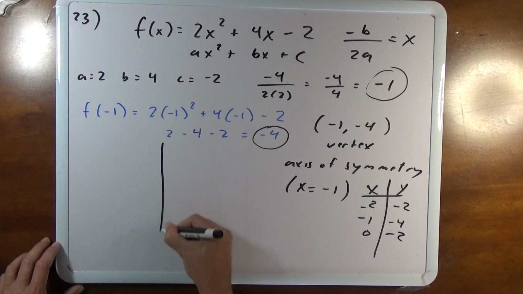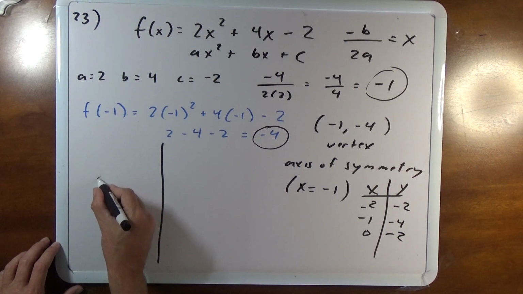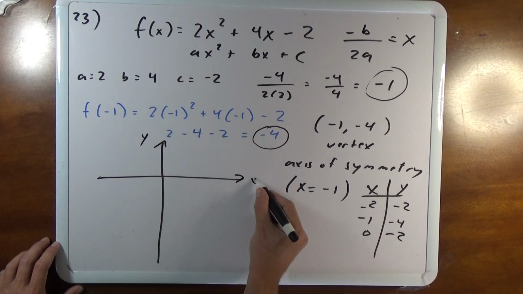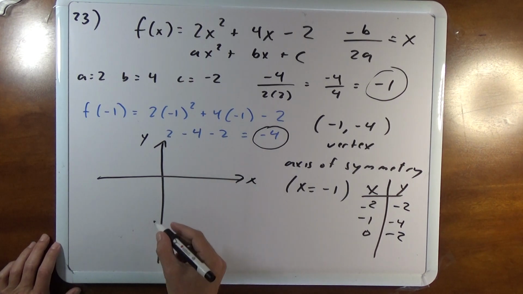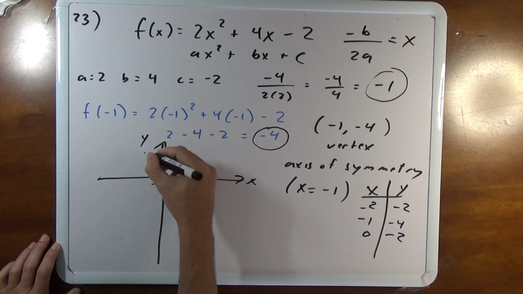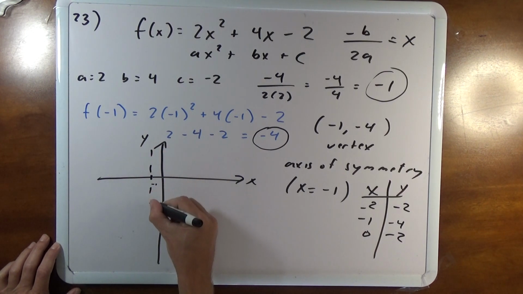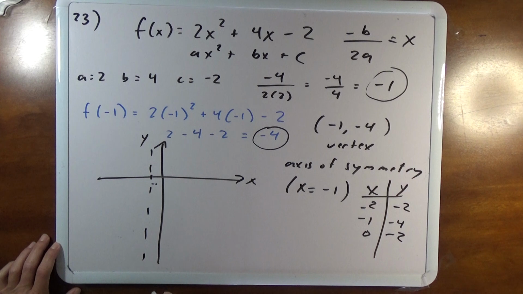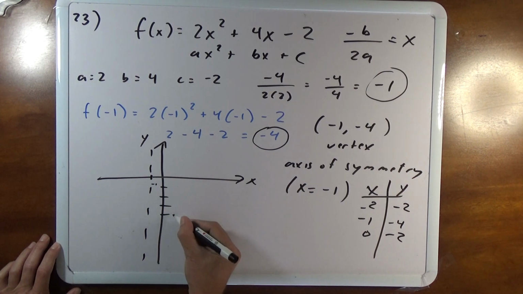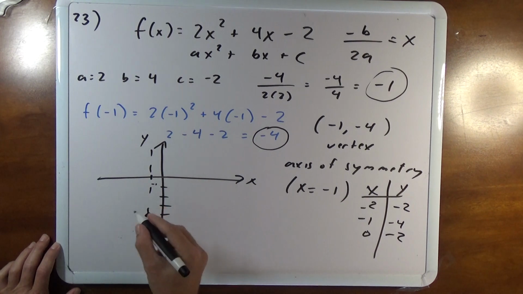So if I were to draw this, I'm going to draw this a little high because our values are negative. So x is equal to -1 is my axis of symmetry. -1, -4 is on the graph.